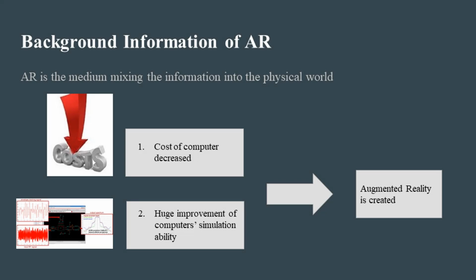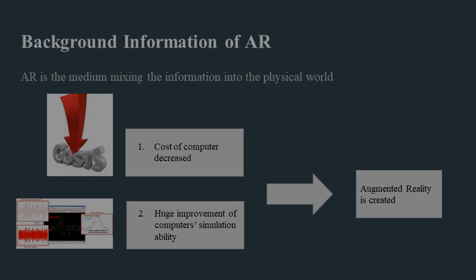Starting with the background information of AR, according to Pan in 2010, AR is a medium mixing information into the physical world by taking advantage of the decreasing cost of computers and the huge improvement of computer simulation ability. AR is nowadays being developed and adopted.